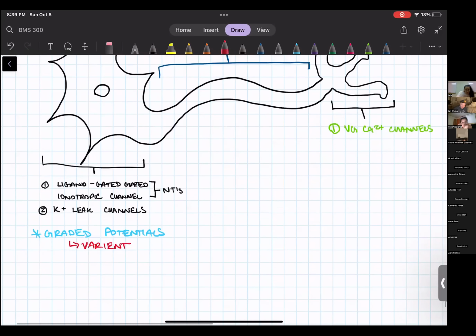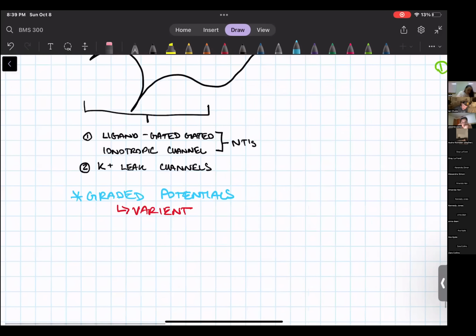There is another type of potential that happens in the input region, but it's on specific types of neurons. What's another type of potential that you've talked about? Oh, there's another kind of potential that happens.